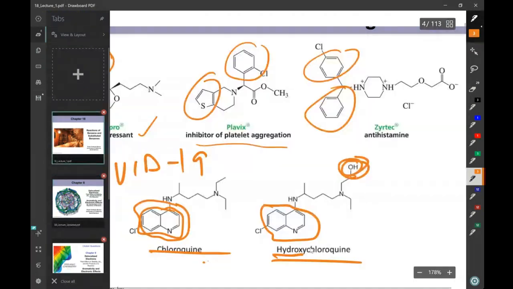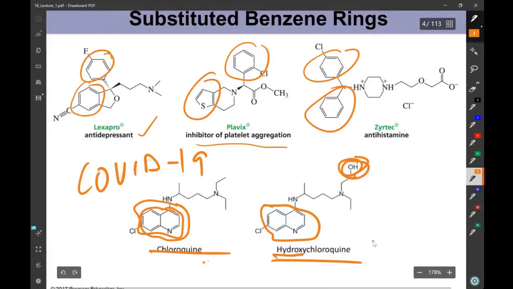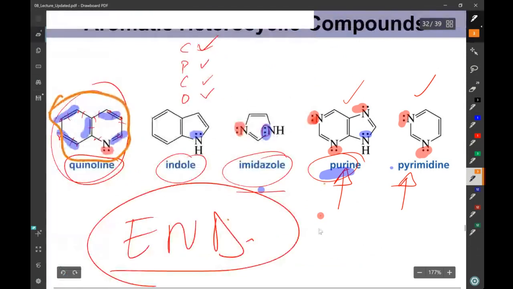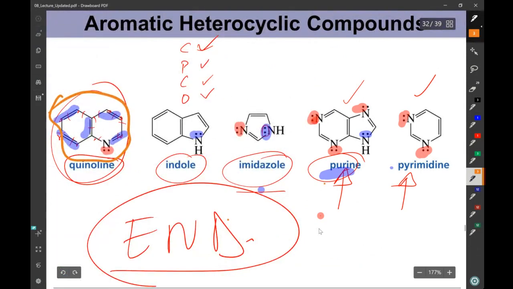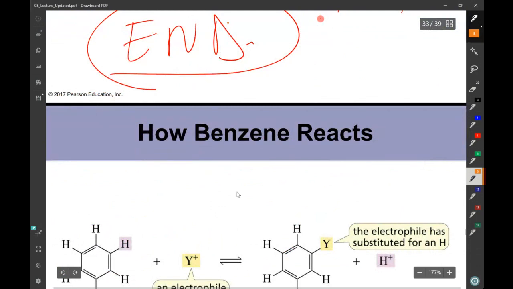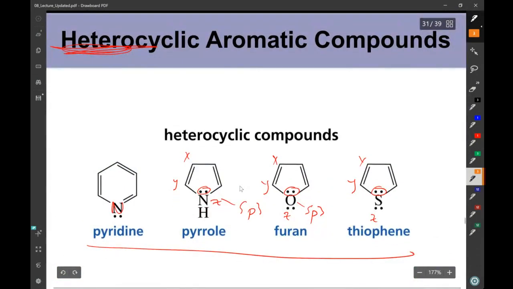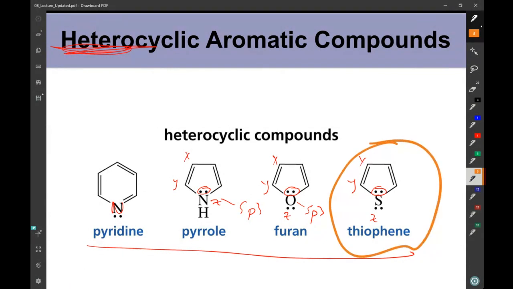Dr. Zico, can you go back to the slide you were just on? Does the S on Plavix contribute to the aromaticity? The S on Plavix, the drug Plavix? Yes, the S of the drug Plavix contributes to aromaticity, because look, Plavix contains this structure here, thiophene. Do you see that?